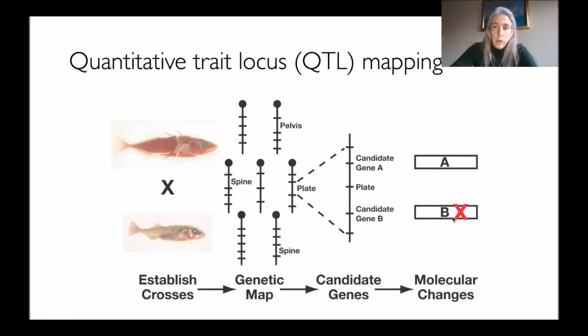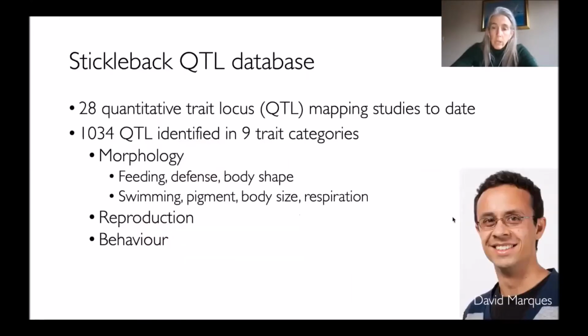And so this sort of work, the QTL mapping step, has been done a lot in stickleback. Together with David Marquez, who was a PhD student with Ole Seehausen at the University of Bern, David had compiled a big database of 28 QTL mapping studies that had been done. And in these QTL studies, there were over 1,000 QTL in this database.